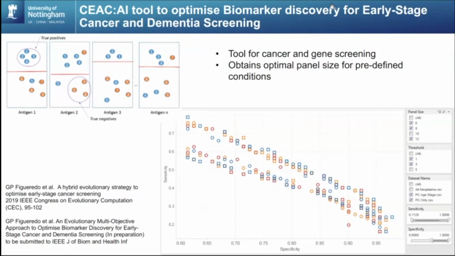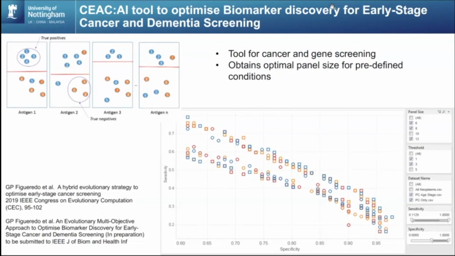And one of the main challenges that they have is they look at several antigens that might indicate or have upregulated responses to cancer. And they look at sometimes 60 or hundreds of different antigens, and they are looking to get a subset of 10 to 15 antigens in a panel that would support early stage detection of different types of cancer. So they look at breast cancer, lung cancer, colorectal, and also they started looking at pancreatic cancer.